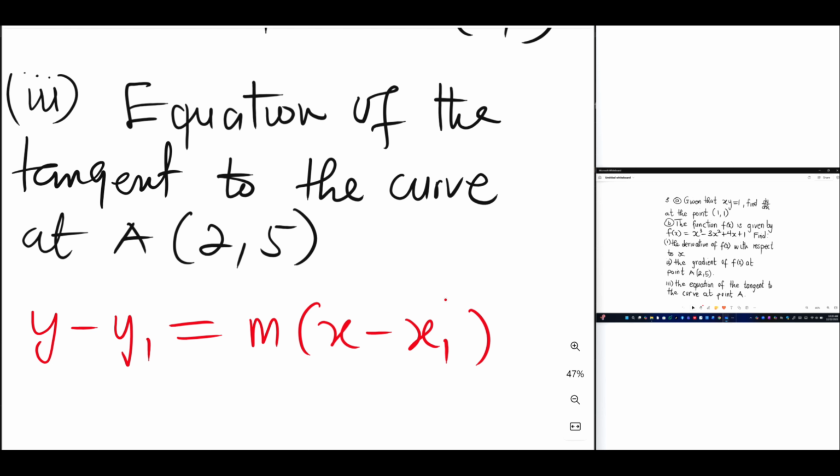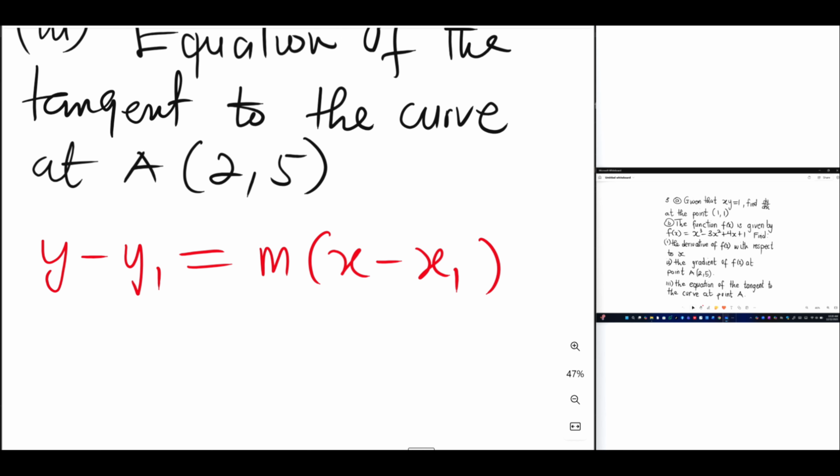So since point A is also on the tangent, that's where the tangent touches the curve, we say that point is also on the tangent.